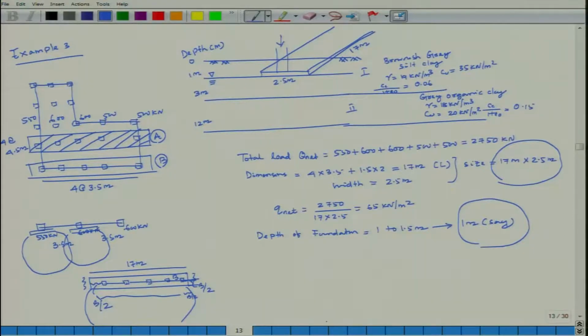Now, as it is 2.5 meter, try to understand 2.5 meter. If I go up to 2 times B, 2.5 into 2 is 5 meter. Let me draw the pressure valve.